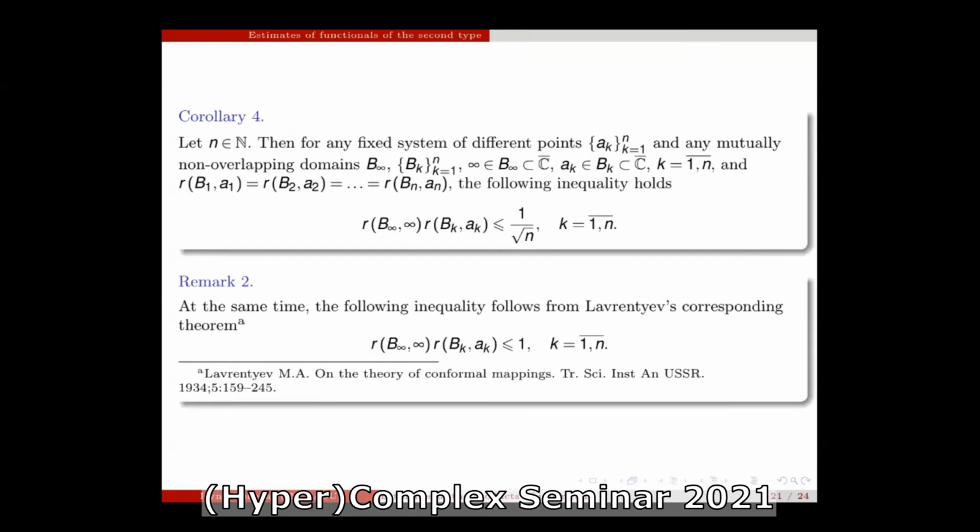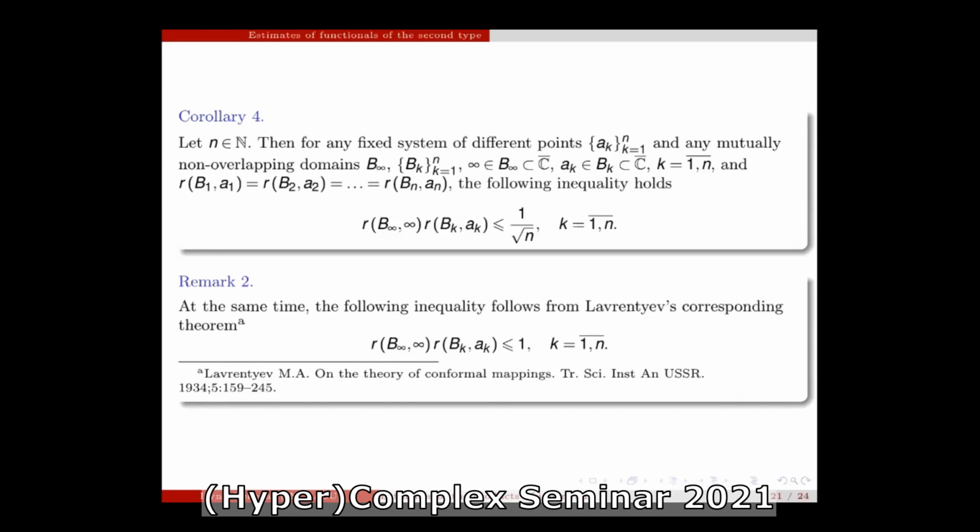Corollary: let n belong to the set of natural numbers, then for any fixed system of different points and any mutually non-overlapping domains, and the inner radii are equal, the following inequality holds: R(B_infinity, infinity) R(B_k, a_k) is less than or equal to 1 over square root of n for any k from 1 to n.